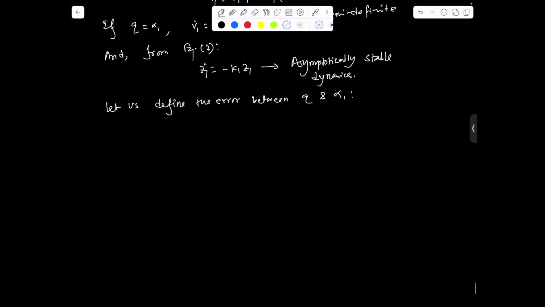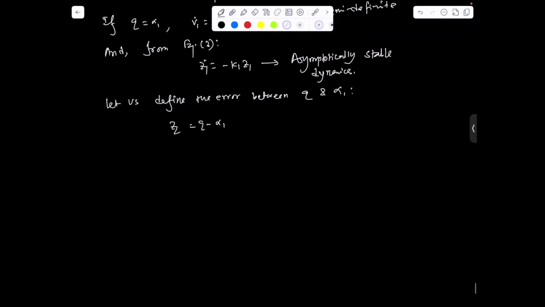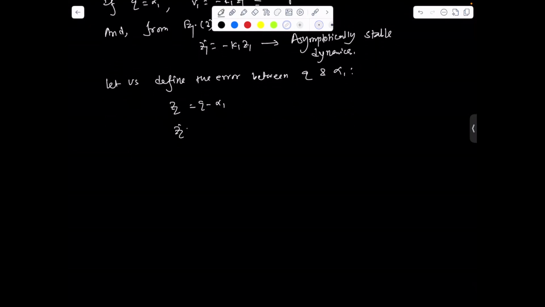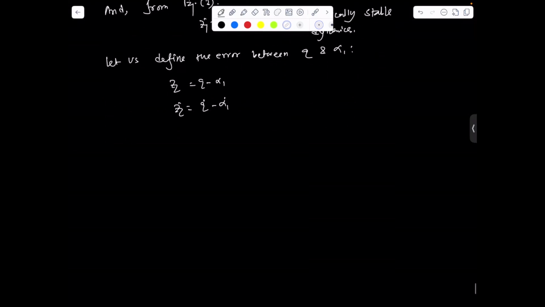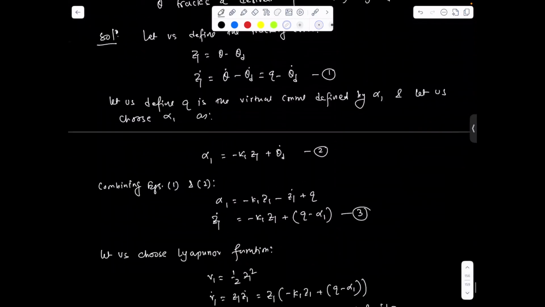We can write z2 equals q minus alpha 1, and z2 dot we can write as q dot minus alpha 1 dot. And in place of q dot, we can write M divided by Iy. This is from the dynamics equation.